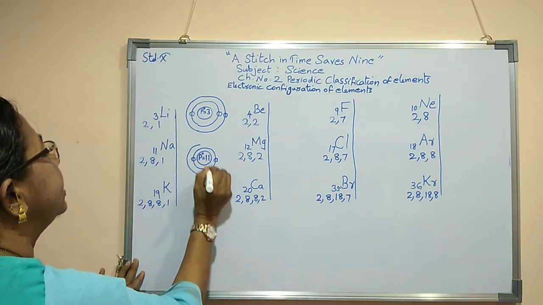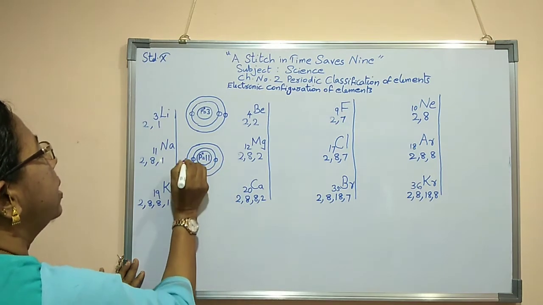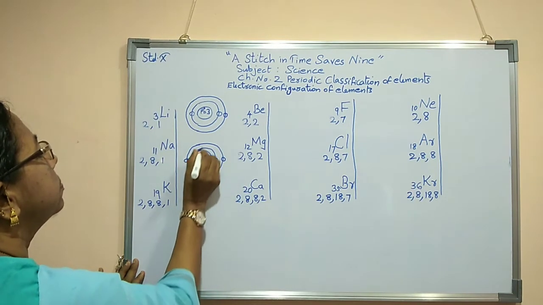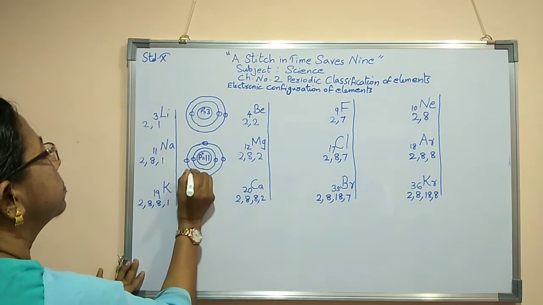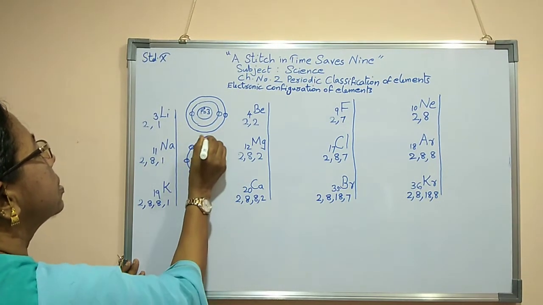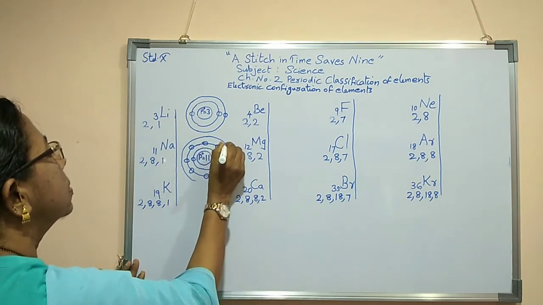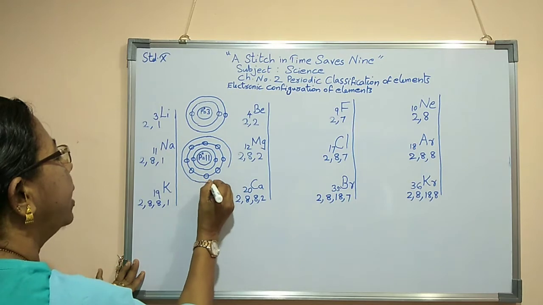The second orbit has 8 electrons. The third orbit has 1 electron.